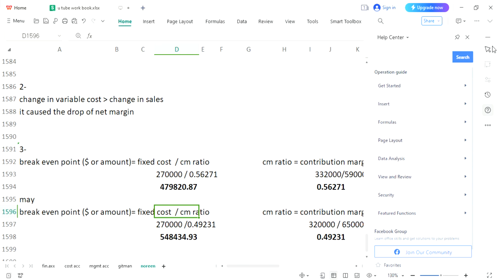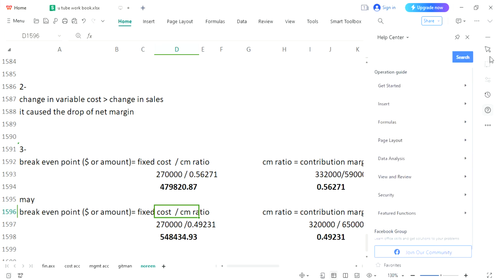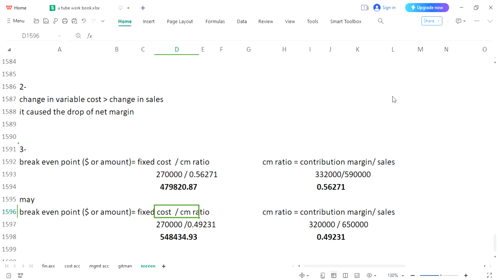So in a similar way, without calculation, it was easy to predict. Now to the point: the break-even point for April and the break-even point for May, it has increased because the number of units were increased. Number 3 has been completed.